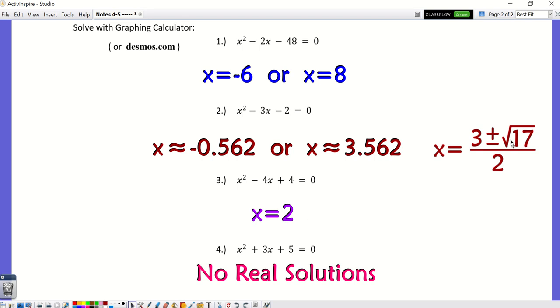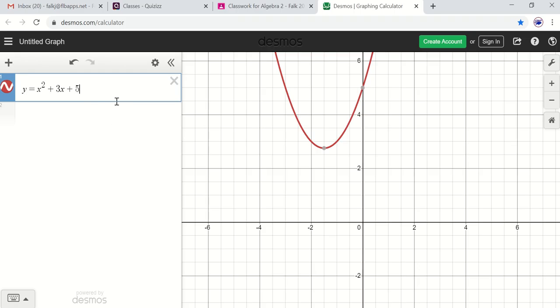I probably should have done this for this one too, because when you solve this using the quadratic formula, you're going to get imaginary answers. You're going to get the square root of something negative, and you're going to have the i that you bring out. But the bottom line for us right now is that there are no real solutions when you wind up with a parabola like that.